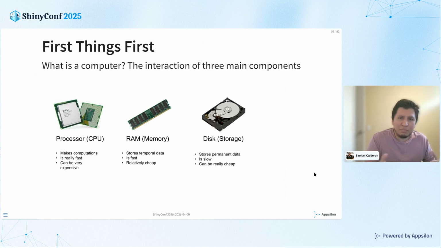We also have GPUs right now that are very useful for things like matrix computations, graphics, etc. But at the core, the GPU is a specialized processor, which is why I'm not including it here. We have other types of processors in computers, but these are the three main elements that we need to focus on.